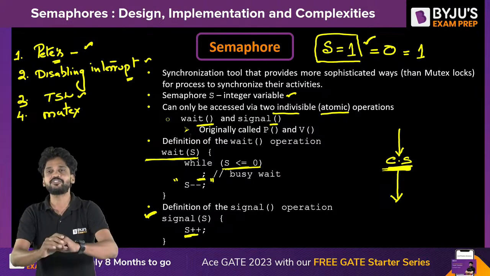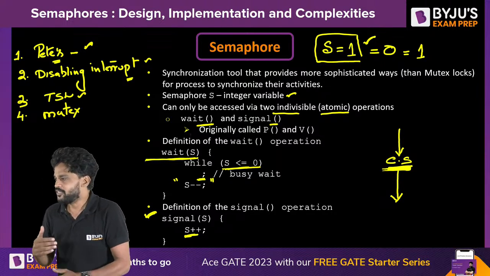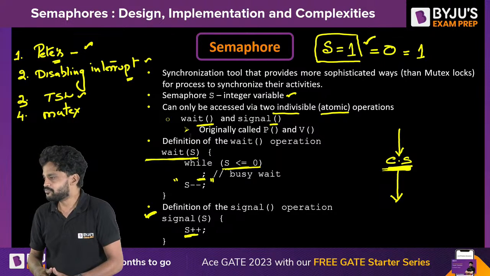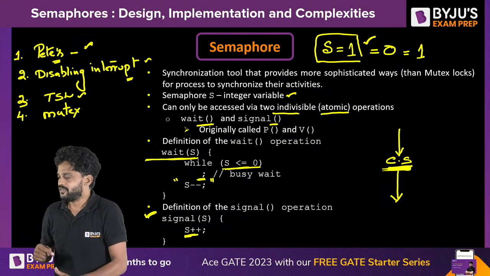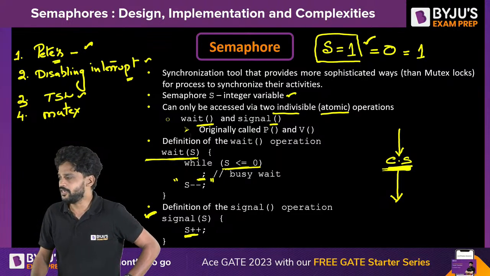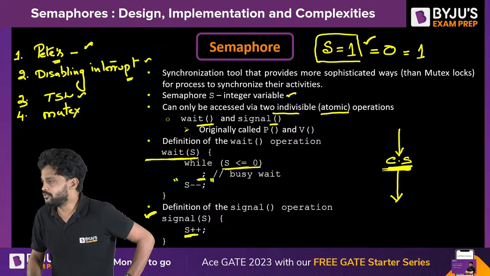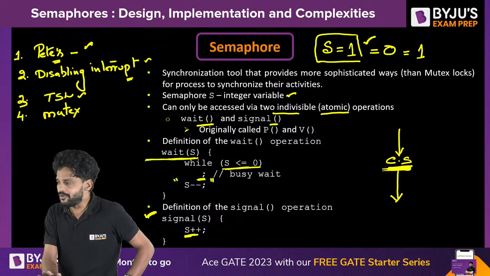Any difficulties in understanding wait and signal? I want you people to participate. Any doubts so far? Anu, where are you? Chanchal, where are you? Krishna, tell me, do you have any doubts so far?